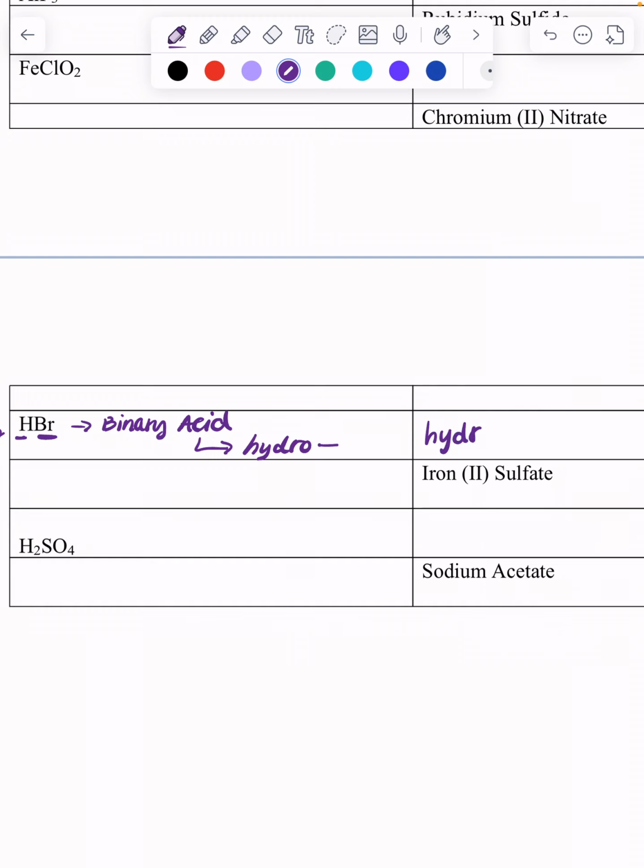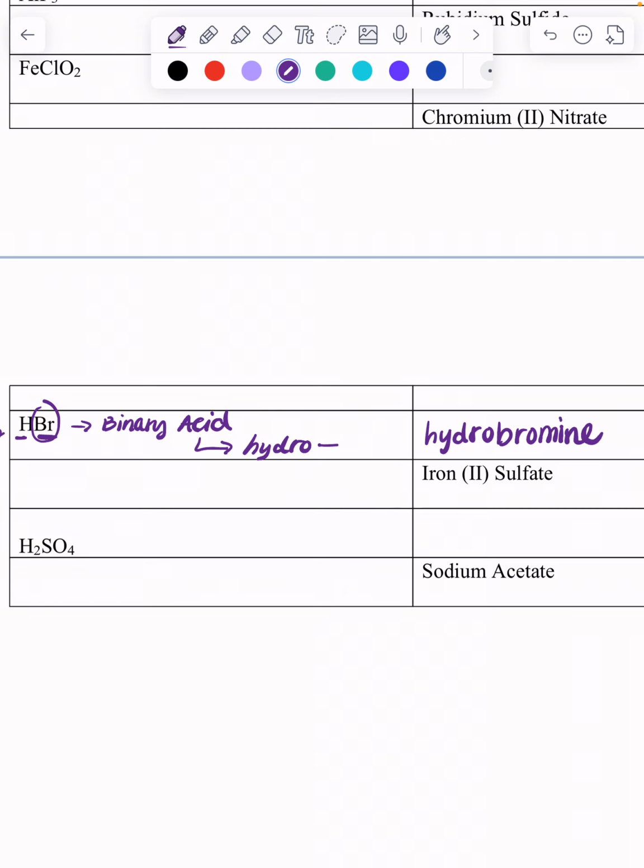I'm going to put down hydro because I know that's going to be in it. The next thing you want to do is say, what is my core element that's not hydrogen? If I look here, it's bromine. Bromine's my core element, so I'm going to put that after my hydro: hydrobromine. This is almost right.